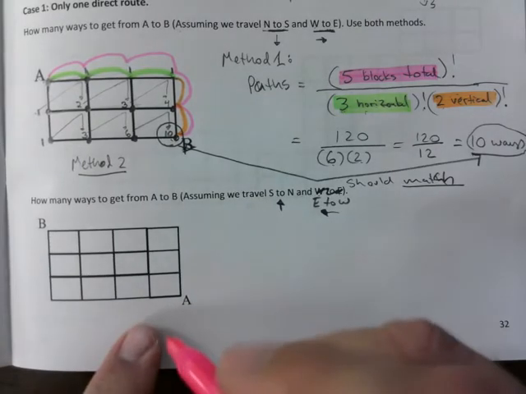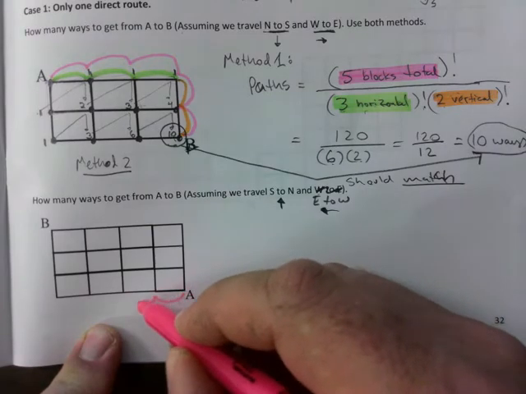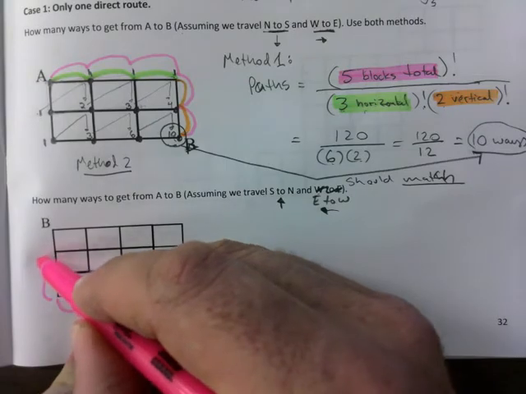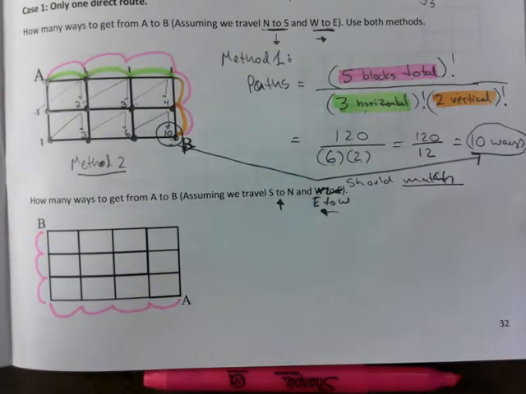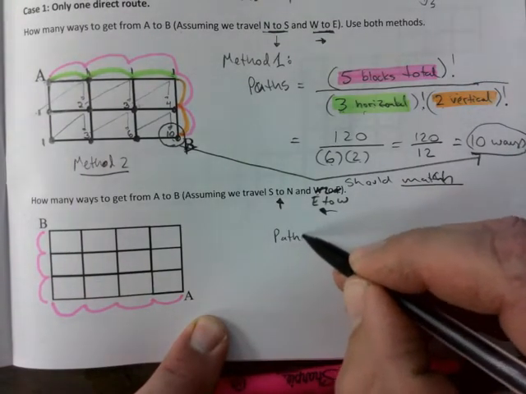So let's get our total. You can go 1, 2, 3, 4, 5, 6, 7. There will be 7 paths.